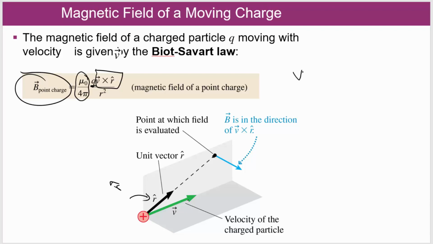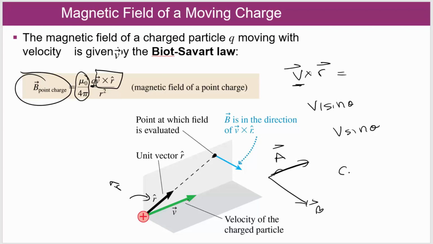So v cross r hat. Again, the size of that would be v times 1 times sine of theta, so that is v sine theta. If you recall what the vector cross product is, if this is vector A and this is vector B, and vector C is the cross product between A and B, you can use the right hand rule.